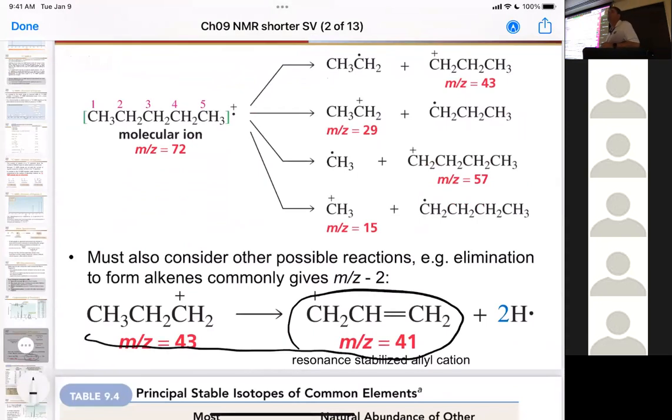Why does it do this? We have a primary carbocation right here. By losing 2 hydrogens, it can create an allylic carbocation. And an allylic carbocation is more stable than a tertiary carbocation. So that makes it the most stable fragment. And that's why we're going to see a bunch of it show up in our system.